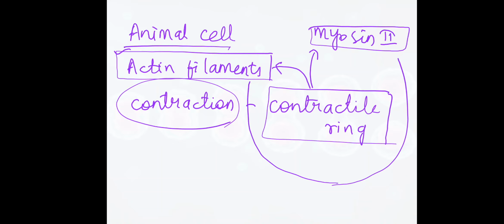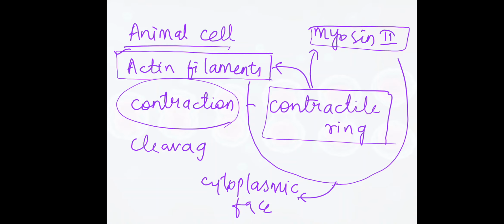These are bound to the cytoplasmic face of the plasma membrane. This contractile ring defines the cleavage furrow. It defines the cleavage furrow.